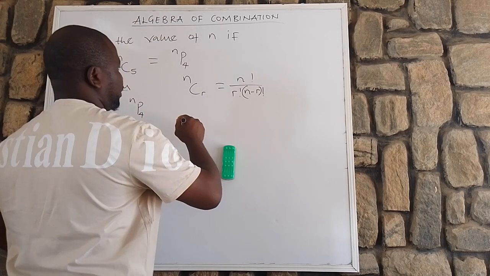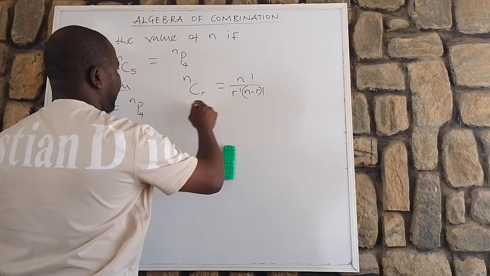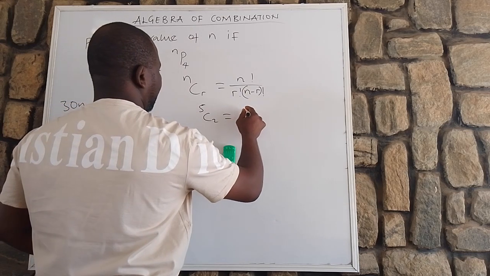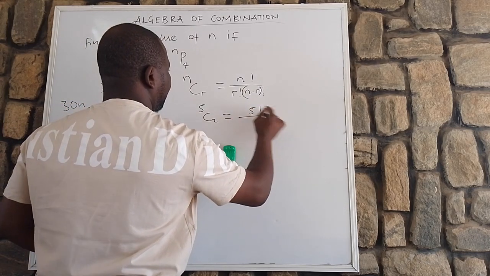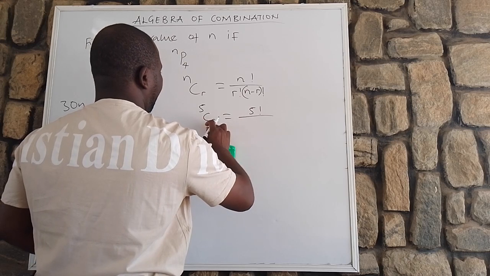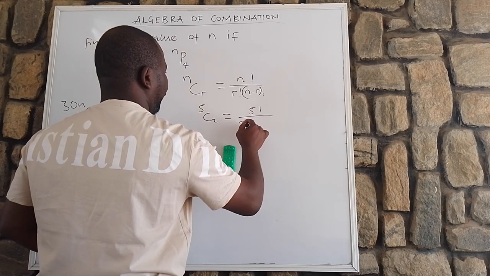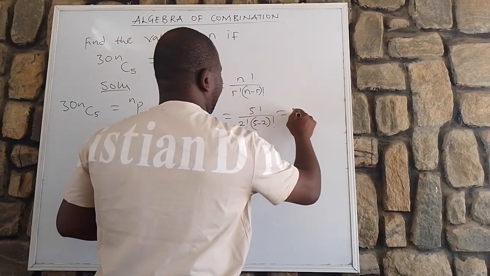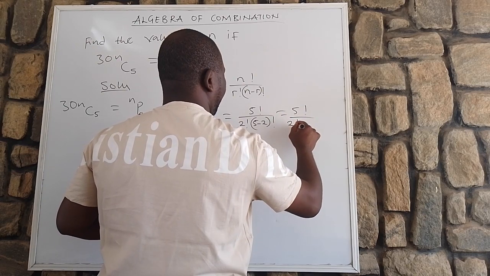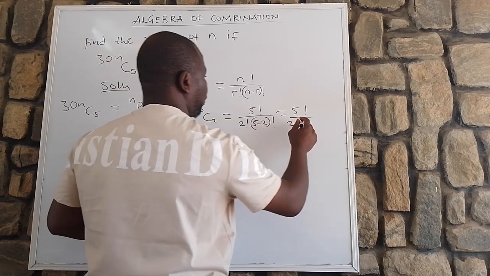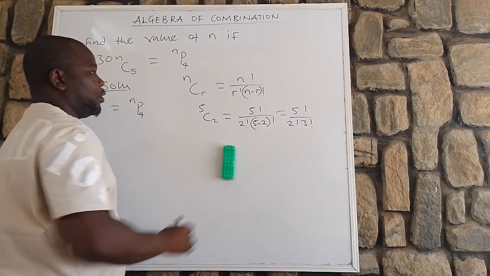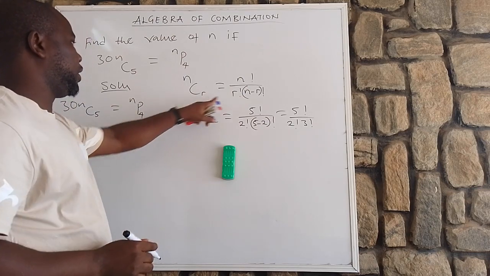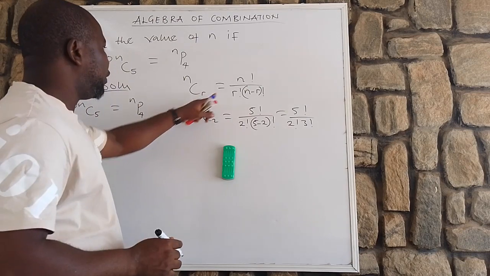So assuming we have 5 combination 2, it means 5 factorial all over 2 factorial times (5 minus 2) factorial. So this is equal to 5 factorial all over 2 factorial times 3 factorial. So this is how you are going to solve for combination. This is the mathematical definition for combination.